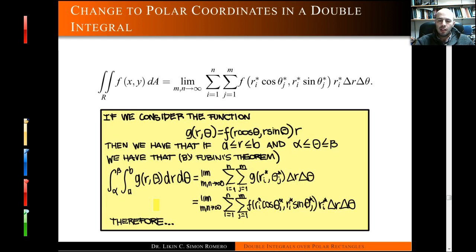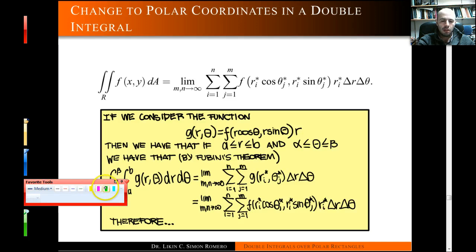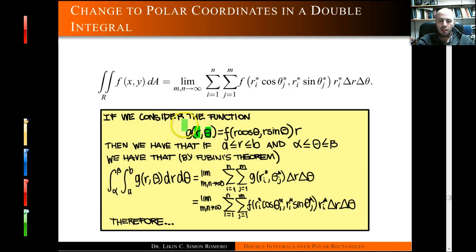If we consider a function g of r, theta, a function of two variables, r and theta, forget for one moment that we're talking about polar coordinates. You have a function that has two variables, and it's given by f of r cosine of theta, r sine of theta, r. If these are just two random variables, r is moving between a and b, and theta is moving between alpha and beta.